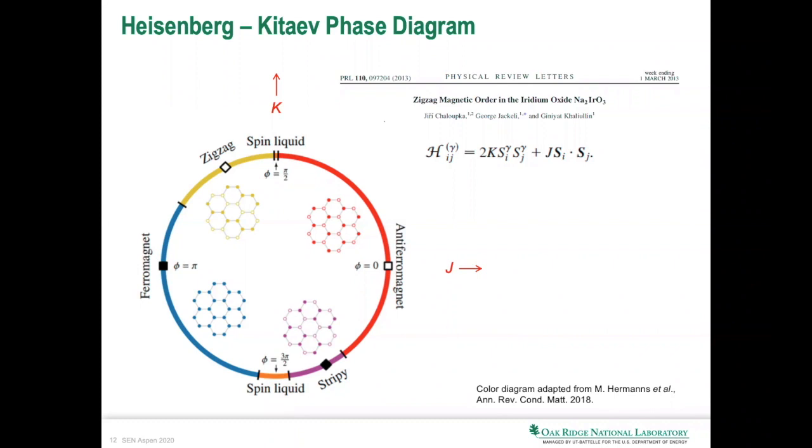If I restrict to this Hamiltonian, you can see that the phase diagram has all of the possible collinear spin structures that you find in a honeycomb lattice, but you also find in regimes that have, in fact, non-zero Heisenberg terms that this Kitaev spin liquid exists. So it's not a consequence just of symmetry, it's in some sense protected by topology, so you don't have to have an exactly Kitaev model in order to find this spin liquid.